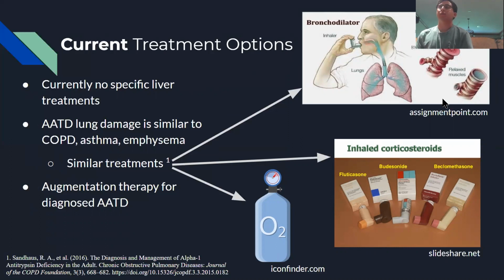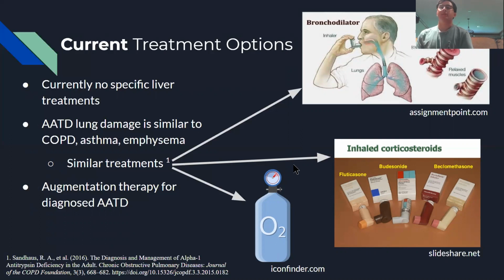So you can see that those drugs open up the bronchioles and allow more air to get into the lungs by expanding those airways. Inhaled corticosteroids, so those are also inhalers that can increase the strength of the lungs and their efficiency, as well as just supplemental oxygen therapy.